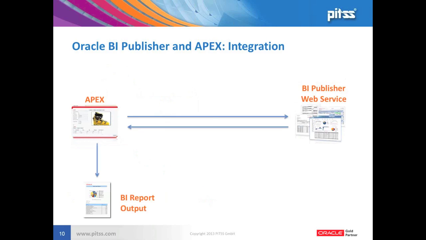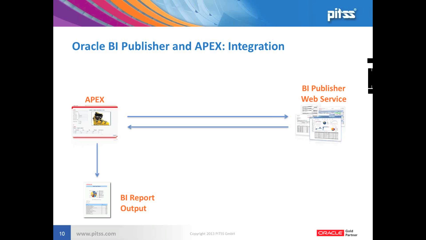Another architecture, another integration, is the integration between Apex and BI Publisher. This is a nice architecture because it's a combination between a BI Publisher tool, where you have to pay licenses, with an Apex tool that is a free license.